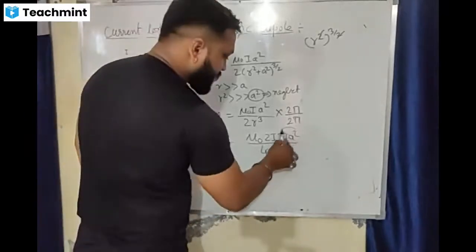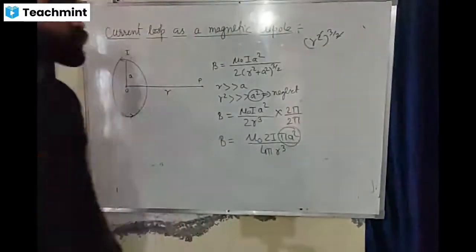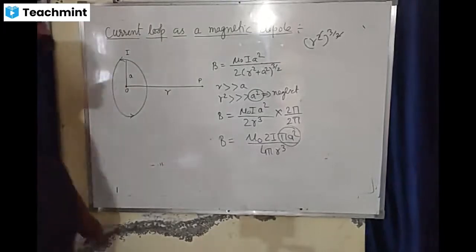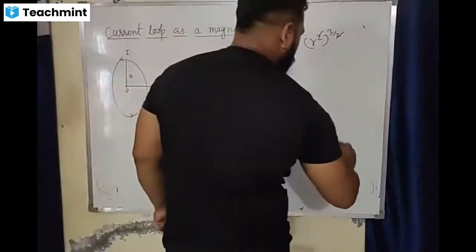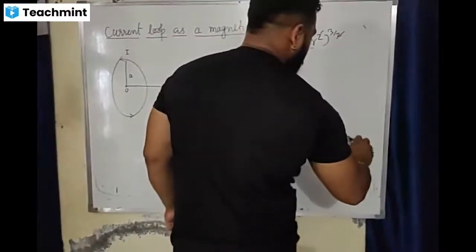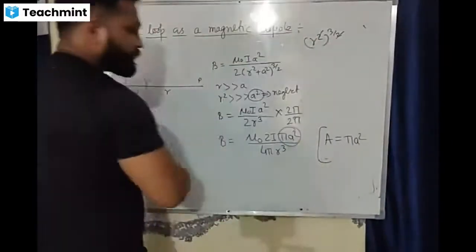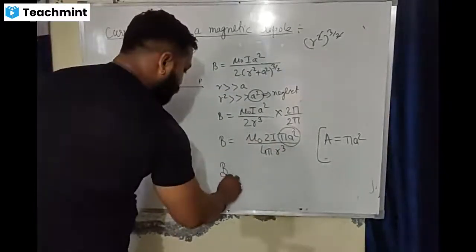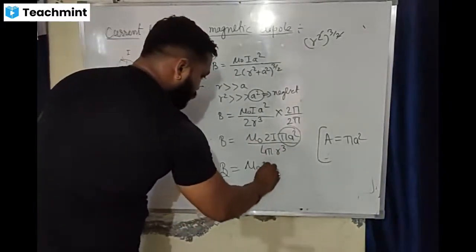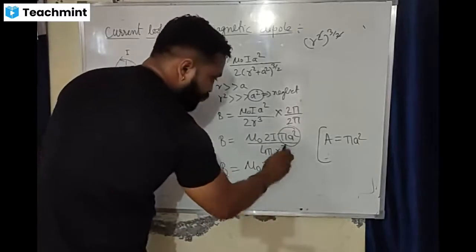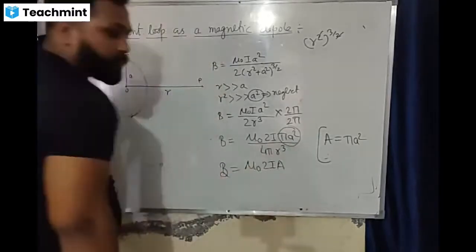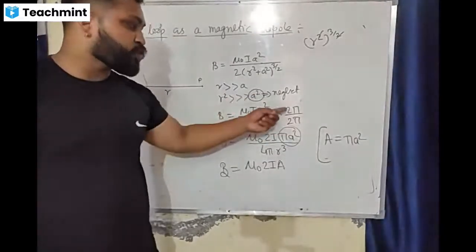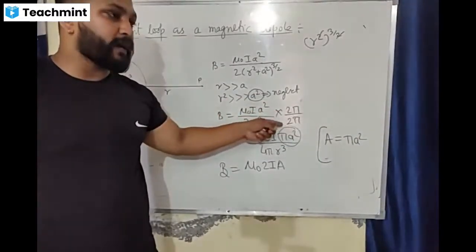Now here you will see this term pi A square. This circular loop has the radius A, so the area of this circular loop is A equals pi A square. So instead of pi A square, we can put the area. The magnetic field becomes mu naught 2IA upon 4 pi r cube, because I have just replaced pi A square. First I multiplied this equation with 2 pi and also divided it by 2 pi.